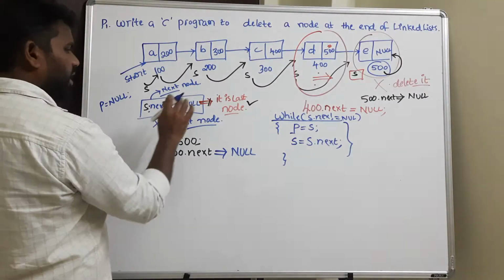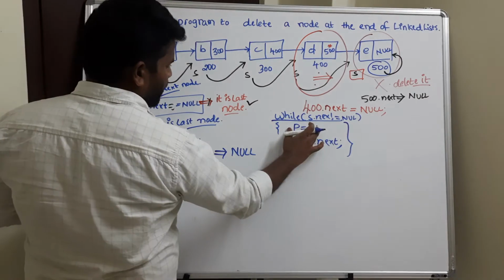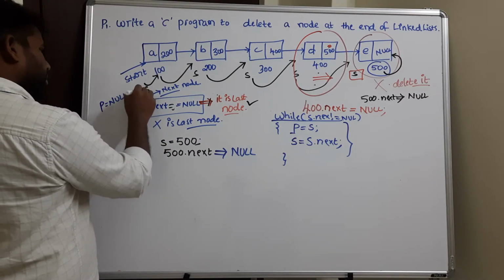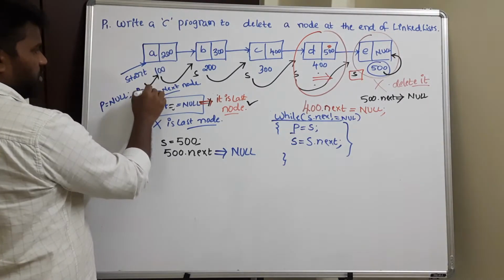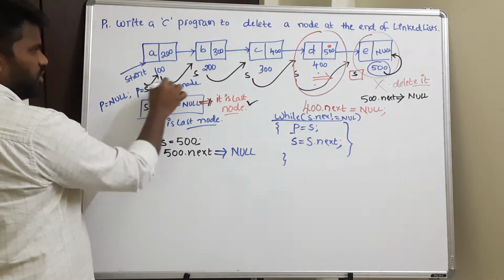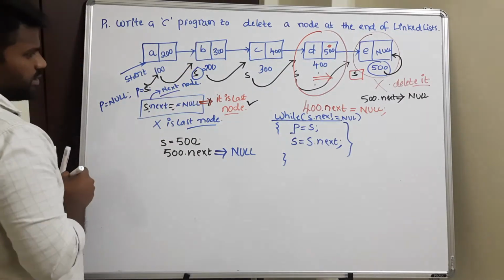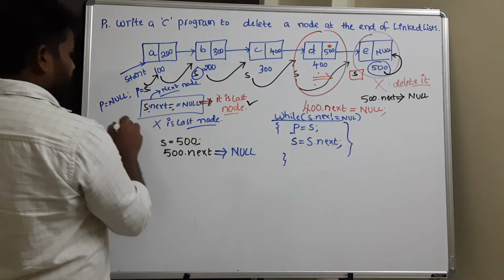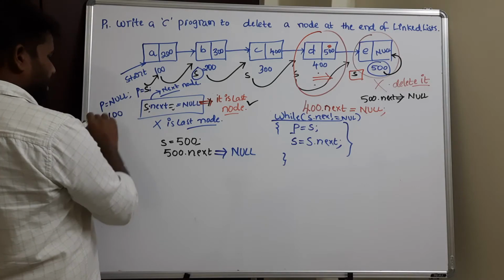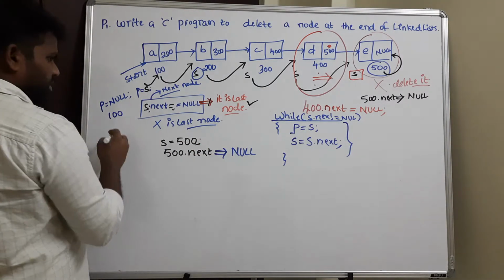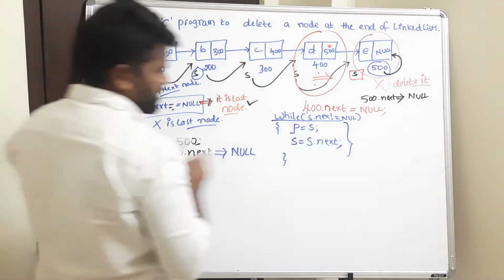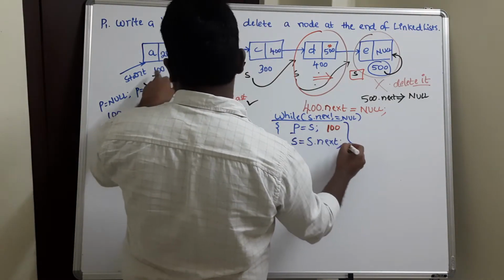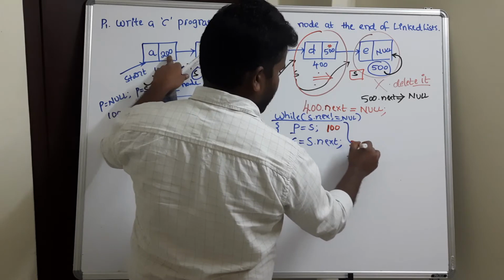Before moving forward, I will assign s to p, and I am moving s forward. So first p is 100, then s equal to s next, that is 200, right?